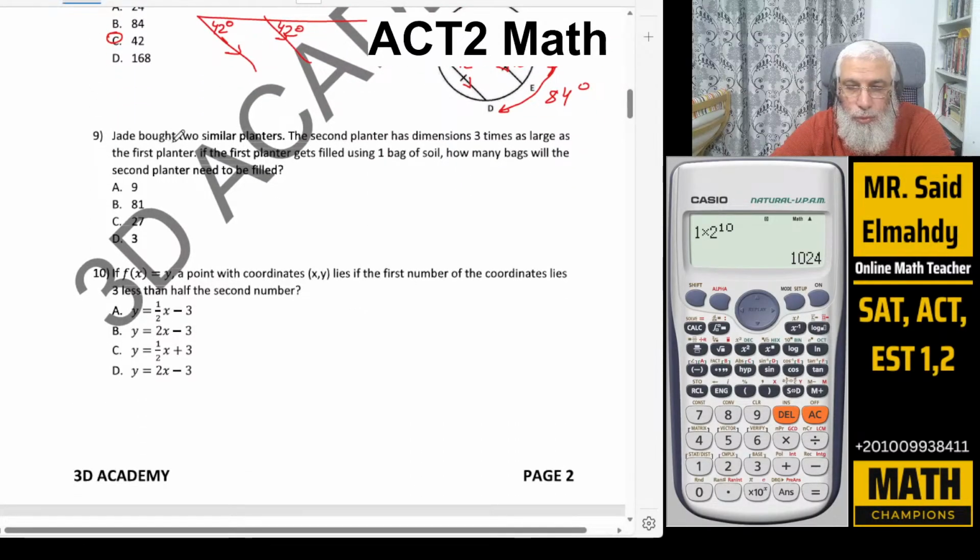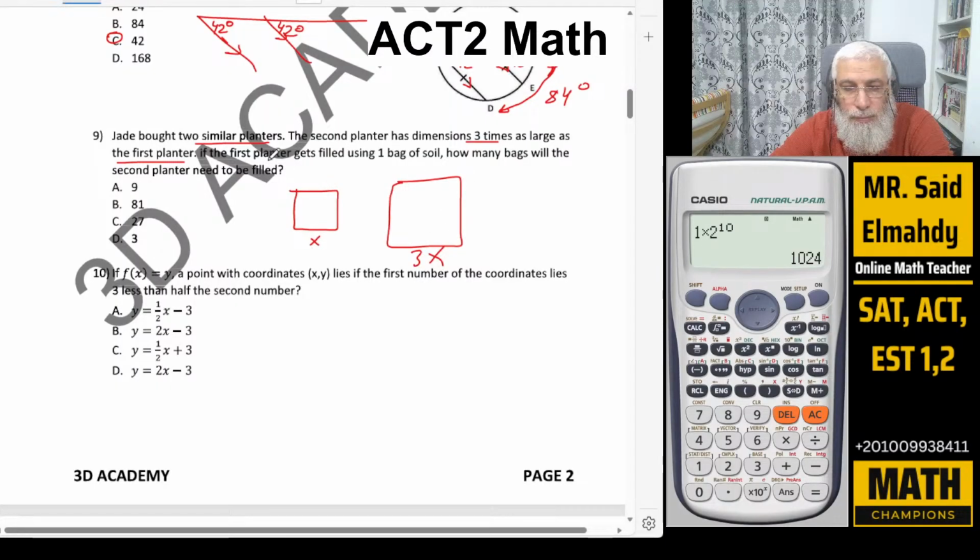Jade bought 2 similar planters. The second planter has dimensions 3 times as large as the first planter. So this is the second, dimensions 3 times.